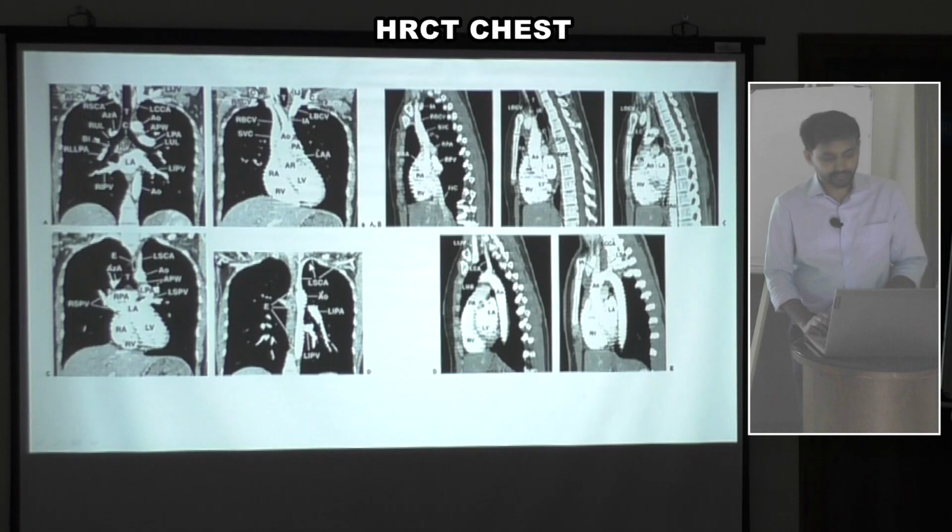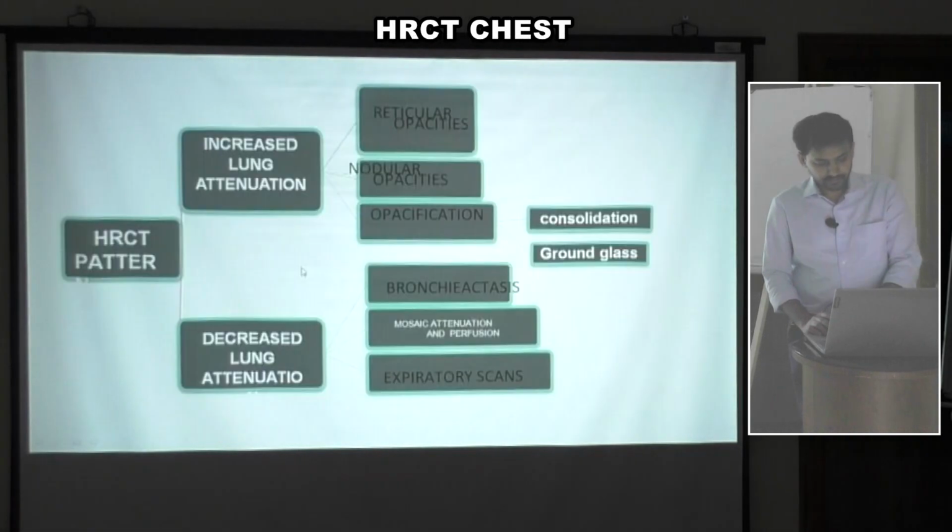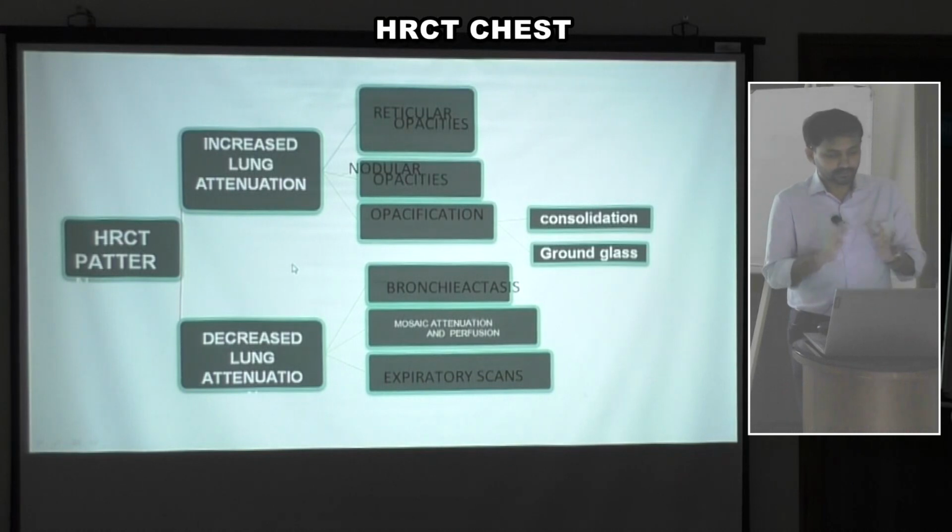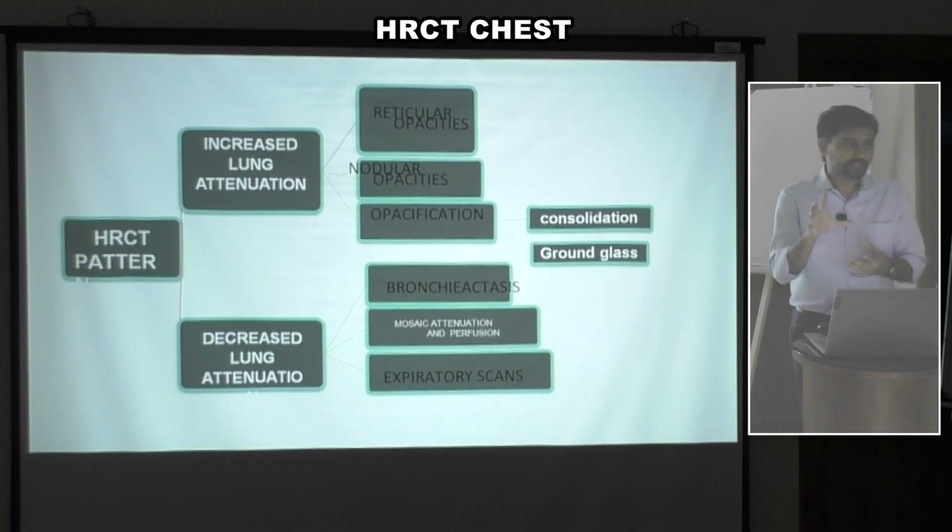We have to see important structures, and then come the basic disease patterns. So always in HRCT in the lung window, there are mainly two patterns: one is increased attenuation and one is decreased attenuation. Attenuation means the film you see there, that attenuation is increased or decreased.